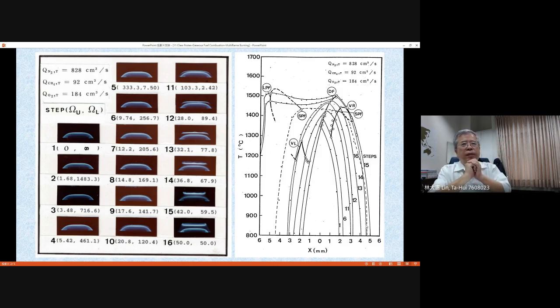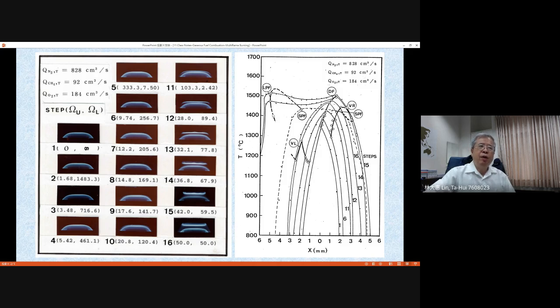Now this tells you, when you have a certain amount of fuel and oxygen, you may think about whether you can burn it as diffusion burning or as premixed burning. And this experiment tells you that for both purely premixed flame burning or purely diffusion flame burning, you do not get the maximum high temperature region.